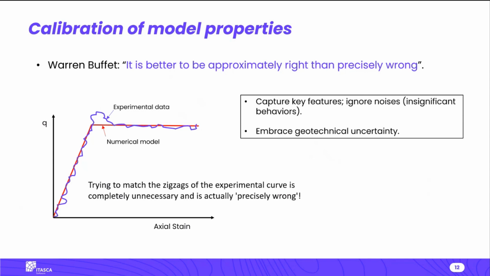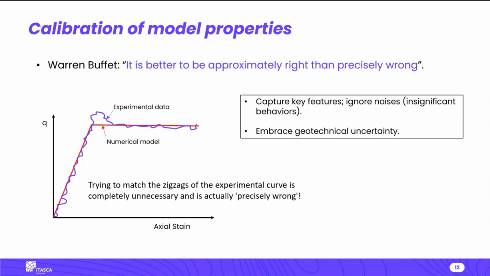If you choose a constitutive model, obviously there will be some parameters associated with that. The next challenge is figuring out what those parameters are. Often you might have lab data or even sometimes field data, some relationship between stress and strain or something like that. Often this data will be noisy, inconsistent, variable.